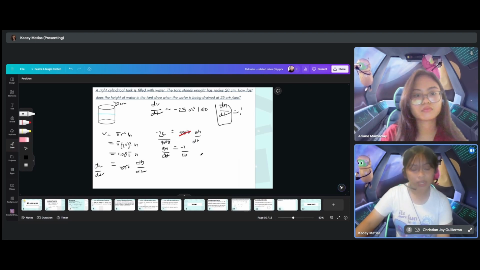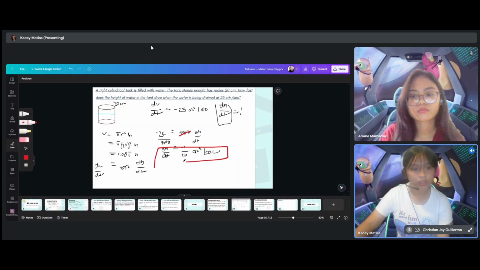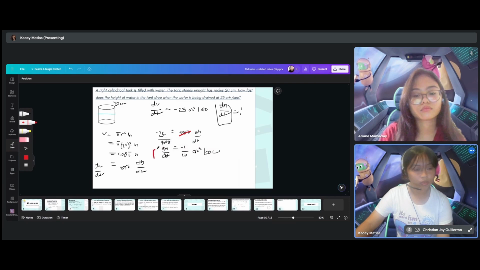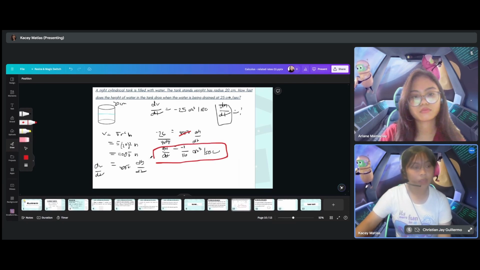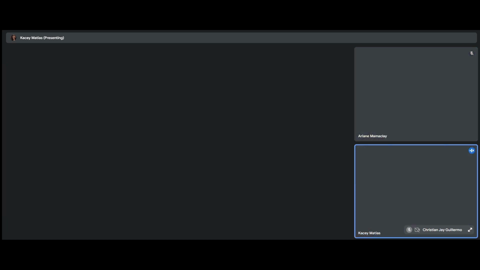Lalagyan natin siya ng cubic centimeter per second. So, ito yung final answer natin. Ibig sabihin, yung height ng water natin pag nade-drain is negative 1 over 16 cubic centimeter per second.